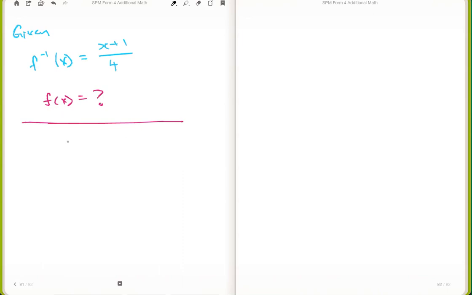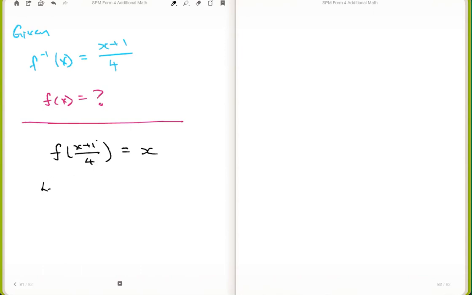Here x plus 1 over 4 is equal to x, an unknown x.